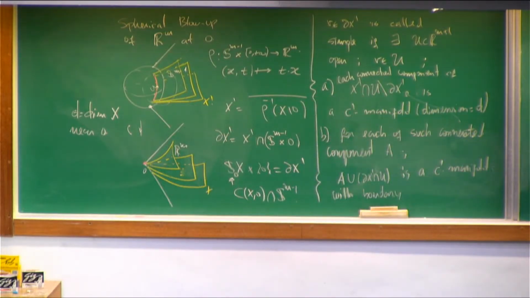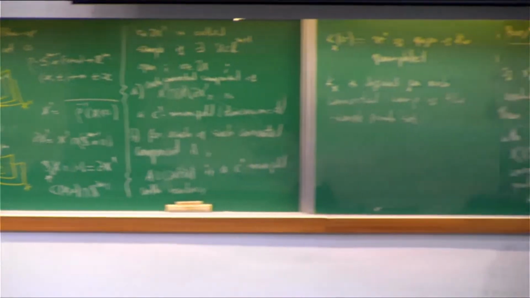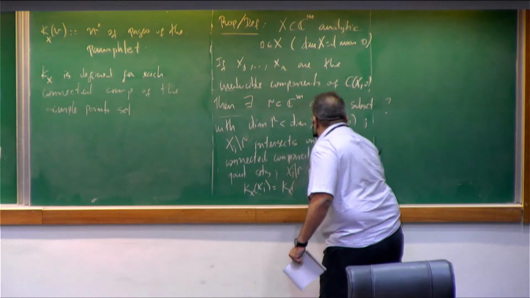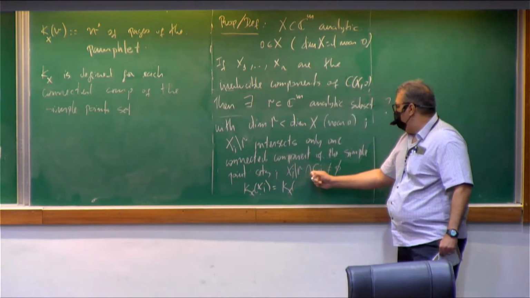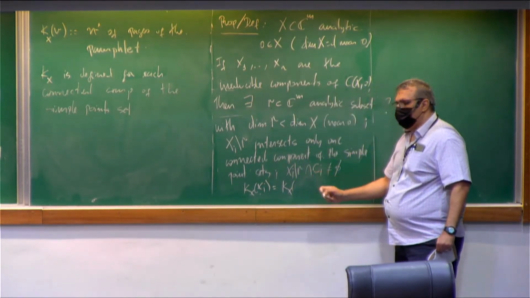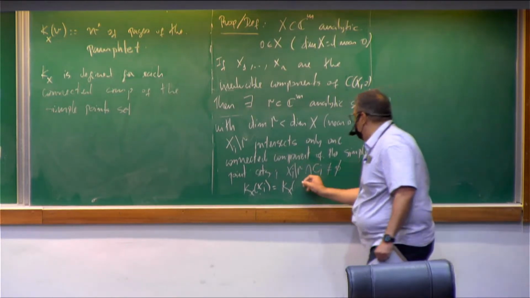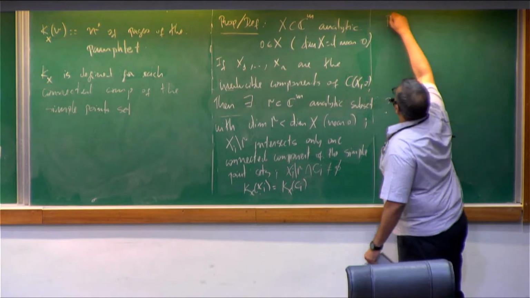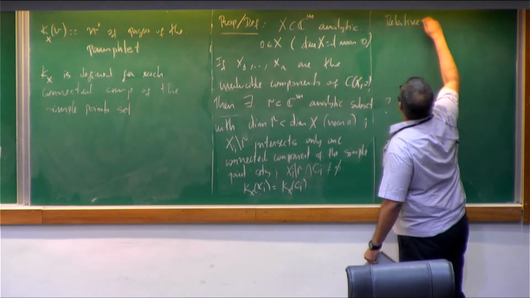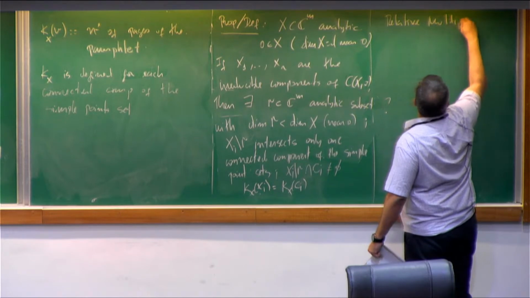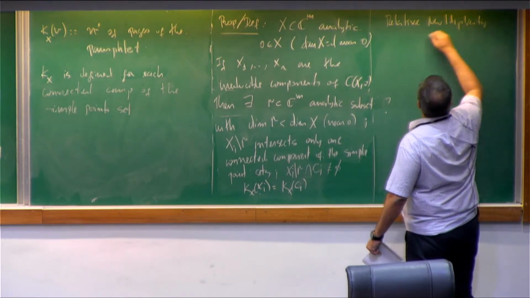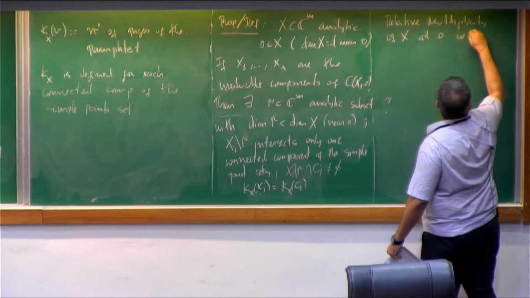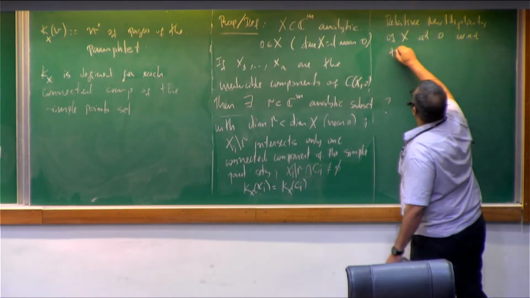So then we define this number here as the number of pages of a pamphlet structure corresponding to this component. This is what I mean by relative multiplicity of X at 0 with respect to X_Y.